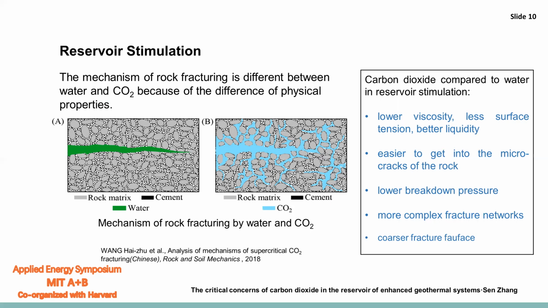Because carbon dioxide has a lower viscosity, less surface tension, and a better liquidity, it can easily get into the microcracks or voids of rocks. So it can lower the breakdown pressure, and create more complex fracture layers with a coarser fracture surface.